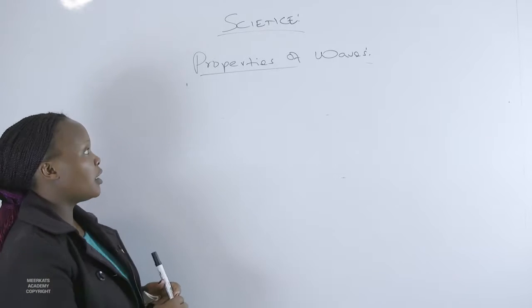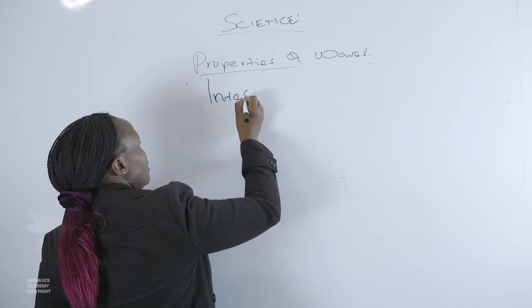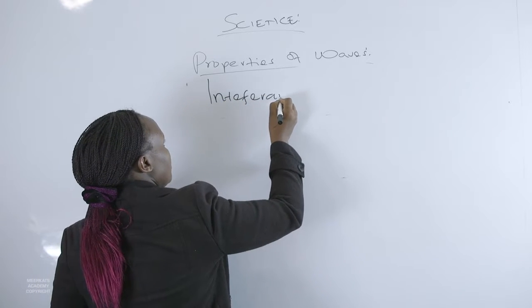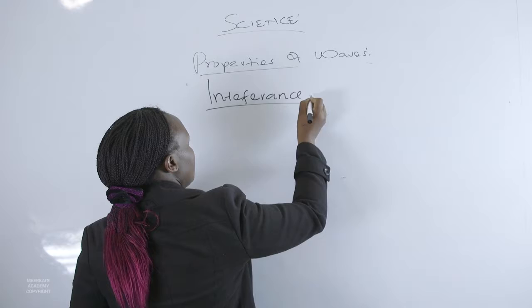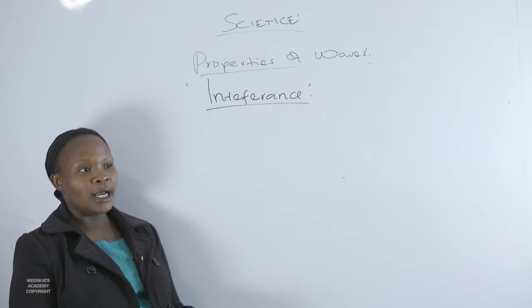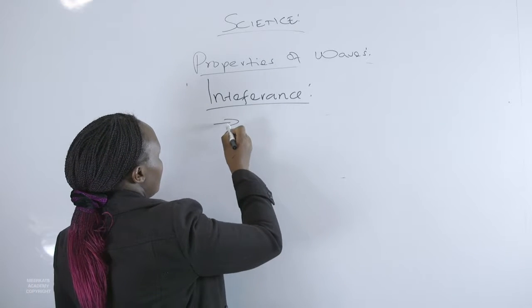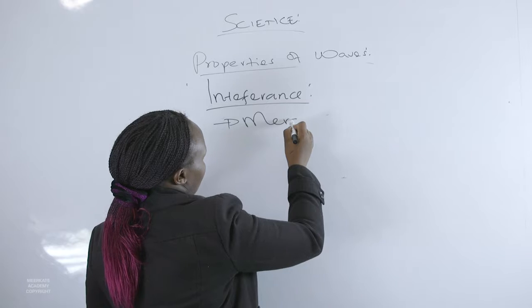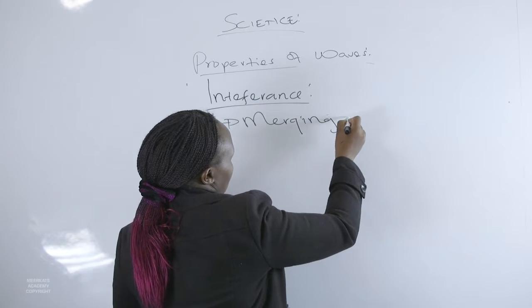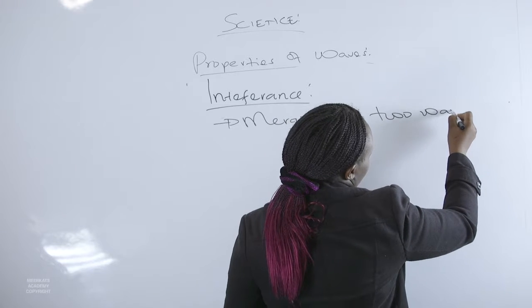You can consider another property we are going to call interference. Interference of waves is basically the merging of two waves.